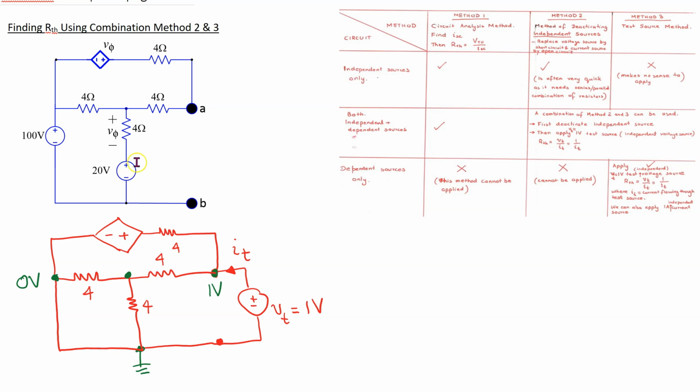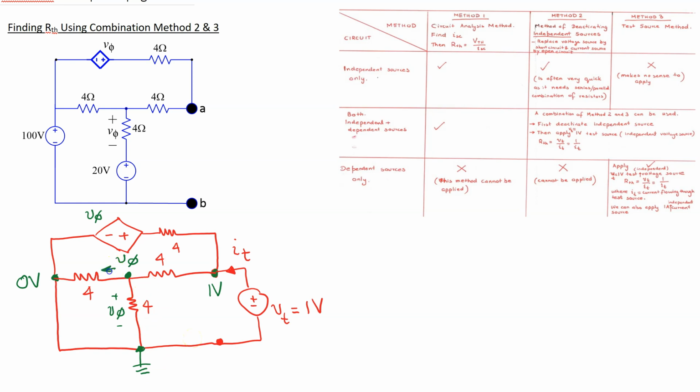Now from our circuit of interest, the voltage drop here is V phi, which is the magnitude of the voltage controlled voltage source. So looking at this circuit, this parameter V phi is actually the node voltage here, because the node voltage here is the voltage drop across the 4 ohm resistor. So we can use the symbol V phi for this node voltage.